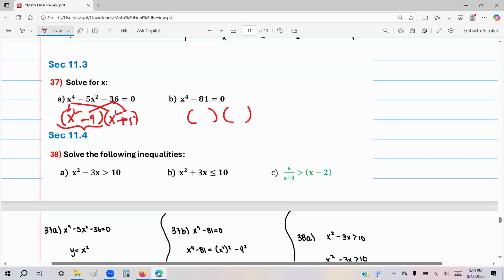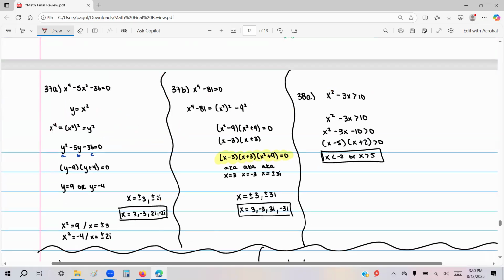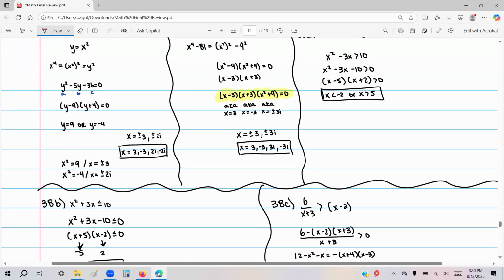But this is more factorable, so you factor more. x plus 3, x minus 3, and x squared plus 4. You set each of them equal to 0, so you get x equals 3, negative 3, and plus minus 2i, because you have x squared is -4, take the square root, you end up getting i.